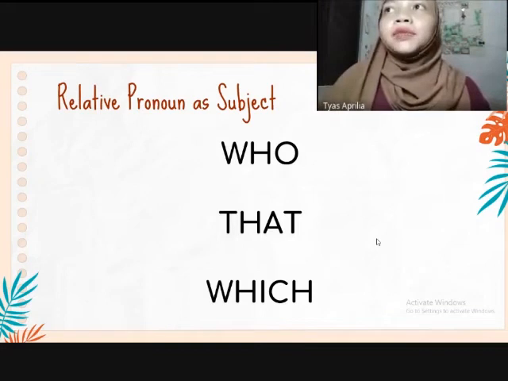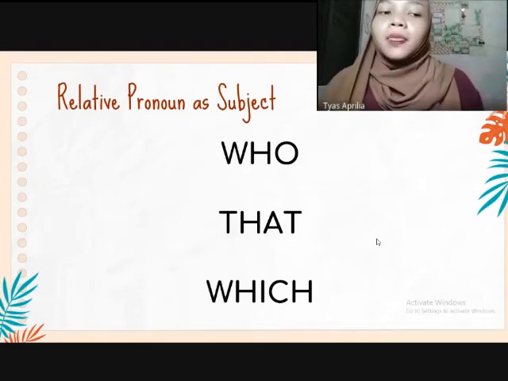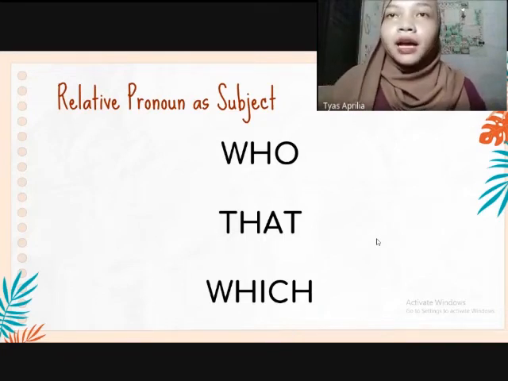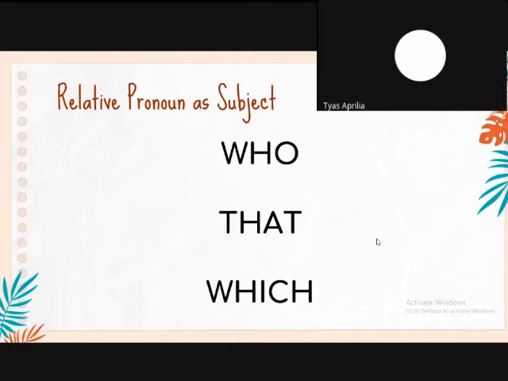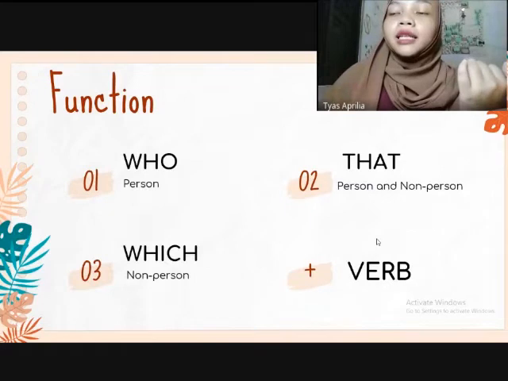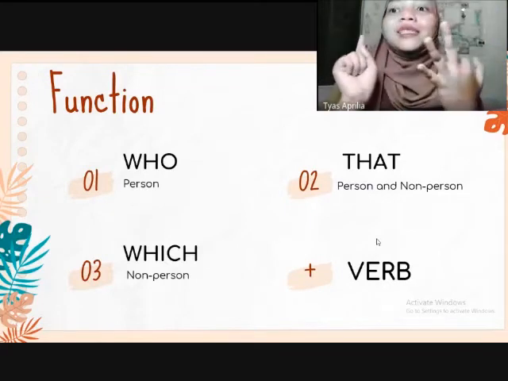And you have to remember that adjective clause is a dependent clause that modifies a noun or a pronoun. So relative pronoun as subject has three parts, which are who, that, and which. You have to remember who, that, and which.